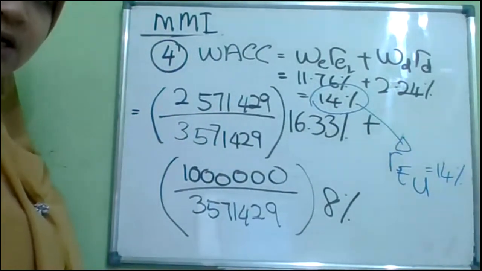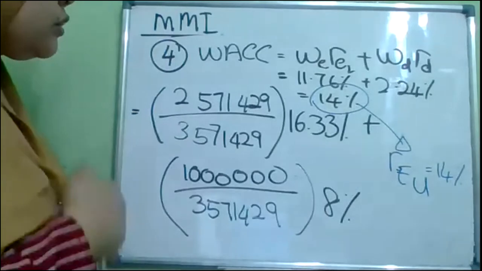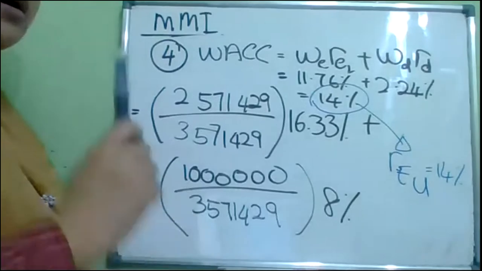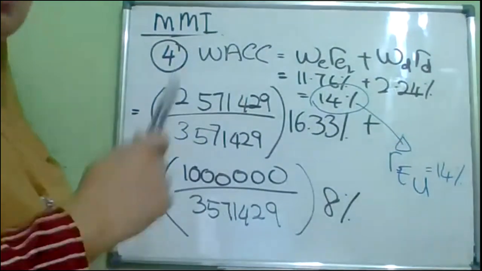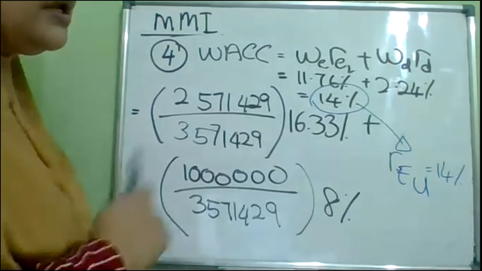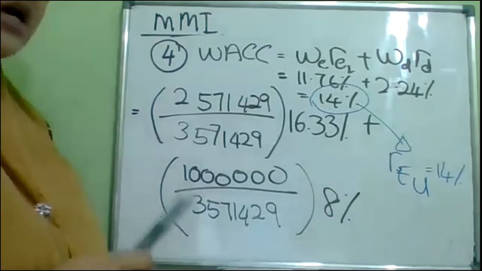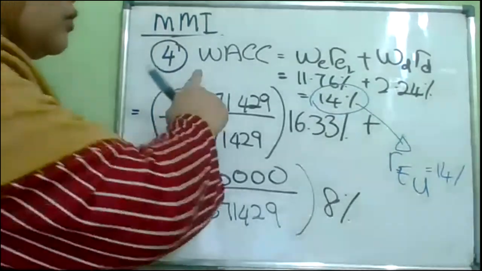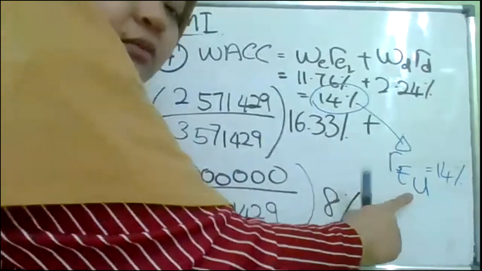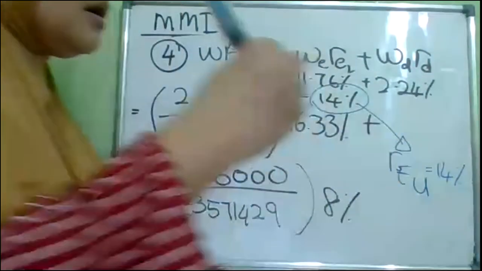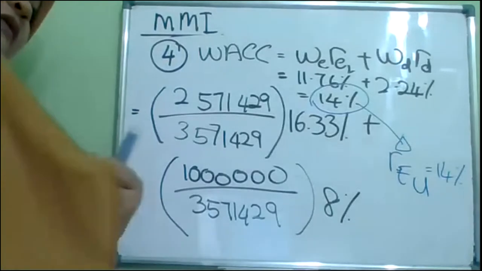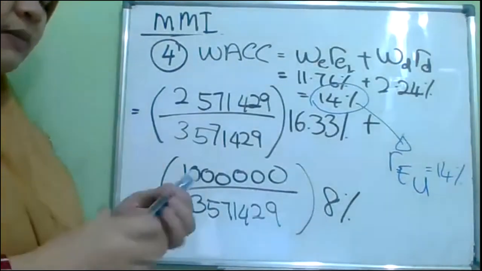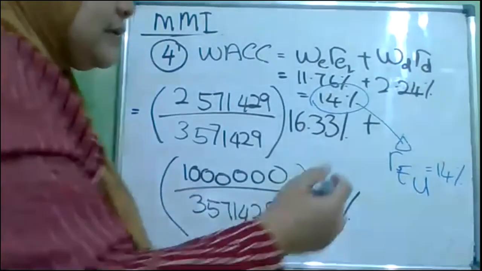Why? Because in theory, it tells you that having debt and not having debt will give no effect, so it is unaffected to the value of the company. That's why when they come up with the WACC, the answer will be the same as the cost of equity of the unlevered firm.